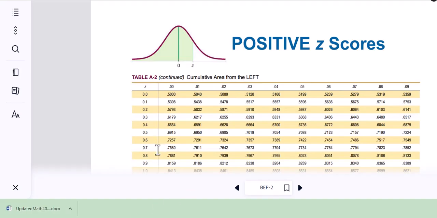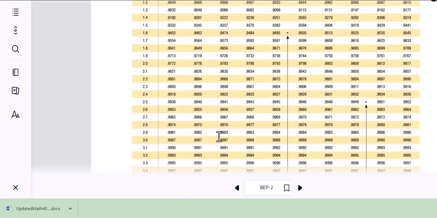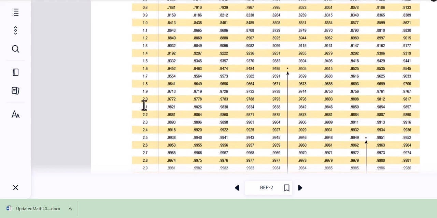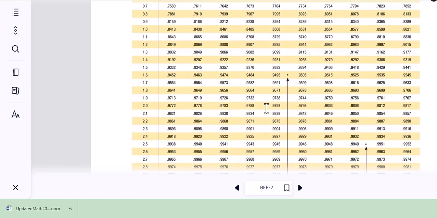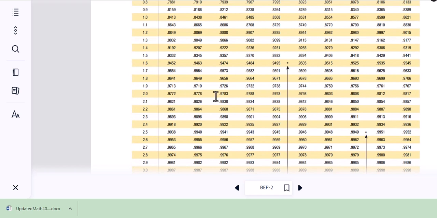So I'm looking for 2.04. I'm going to scroll down. My page for some reason doesn't show me the whole page, which is actually okay because I want it zoomed in. So 2.0, and then 0.04 is over here. That's the 1, 2, 3, 4, the fifth column. So I'm going to go back to 2.0 and then 1, 2, 3, 4, 5. So 0.9793, which makes sense because we said we should expect it to be very high since most of the curve was shaded.